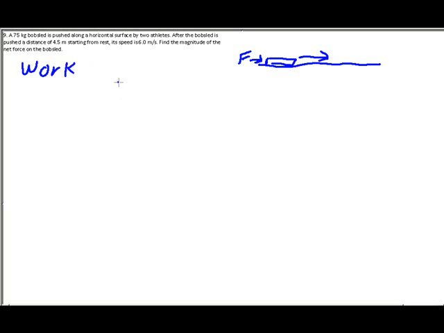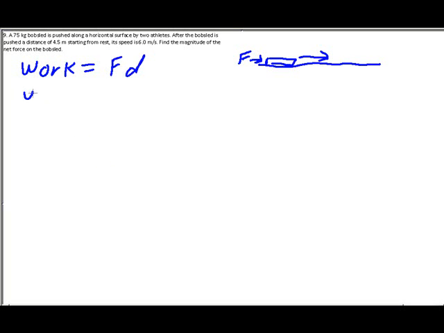Now you could say, well, why don't we do F equals ma? And you could if you had certain information, such as some time issues, but we don't. So if we can't do F equals ma, what we can say is work is being done, meaning that I've applied a certain force and it's gone a certain distance.